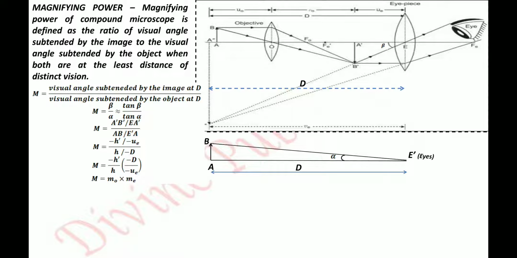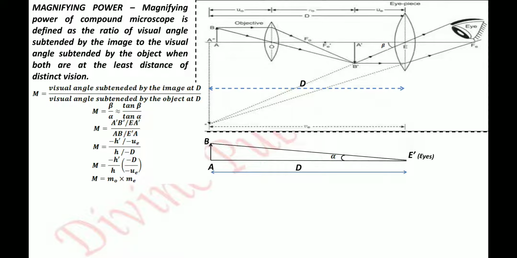Height of the image upon height of the object is the definition for the linear magnification, which we have studied in the last some lectures. So linear magnification is height of the image to the height of the object, and linear magnification is also image distance upon object distance. So just see minus D upon minus UE, it is the image distance upon object distance for the eyepiece. So again it is showing magnification.